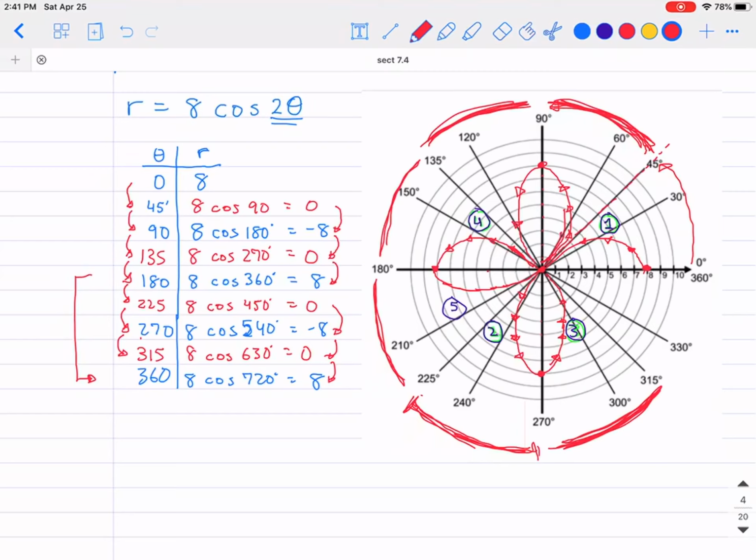And finally, for the last one, from the pole out into the last point, which is going to be 360 comma 8, so you're going to go back to the original point of where you started. So then that is going to curl this way then as a result. So that is going to be our final graph.